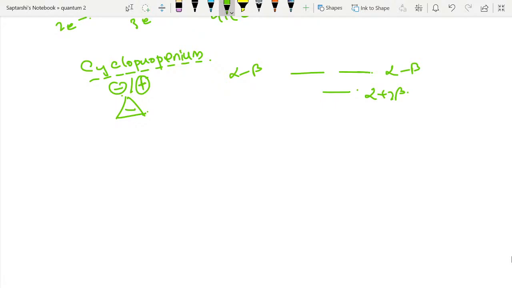The lowest level is alpha plus 2 beta, and the higher levels are alpha minus beta and alpha minus beta. So there's no option but to remember these levels. We have to remember them; there's no option.